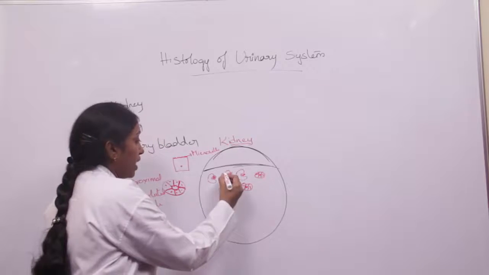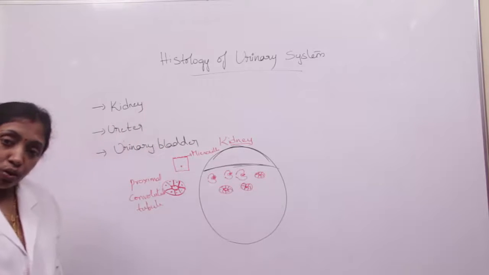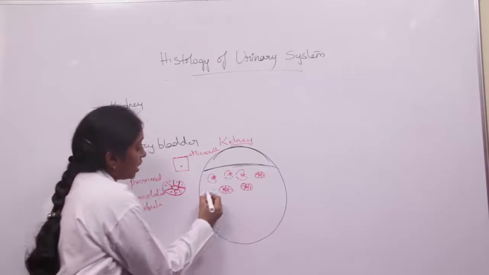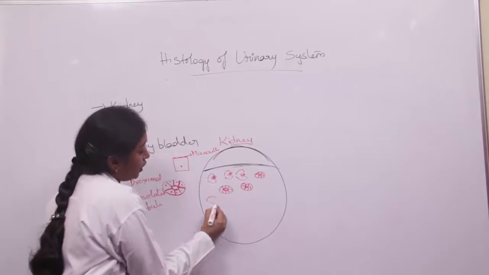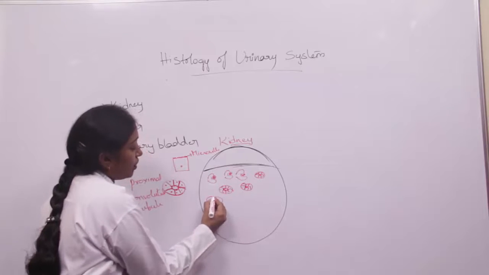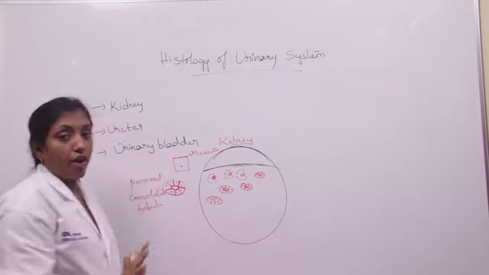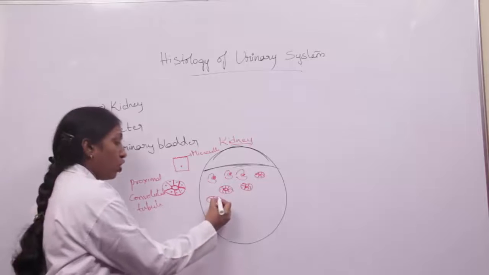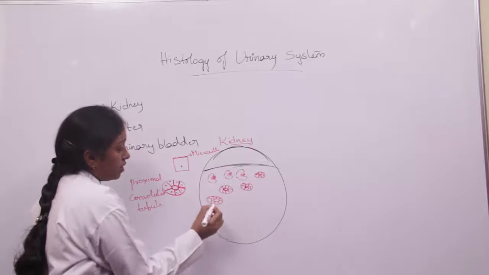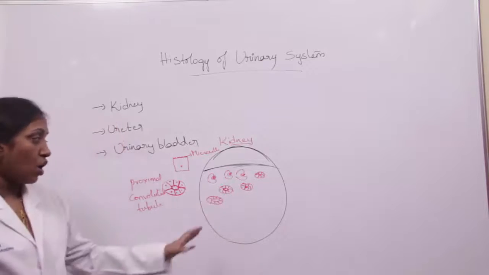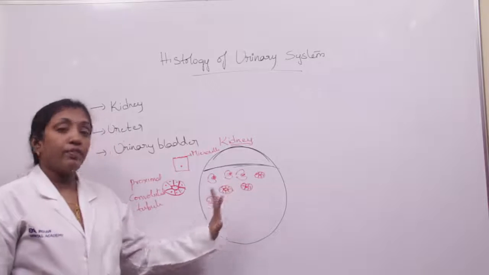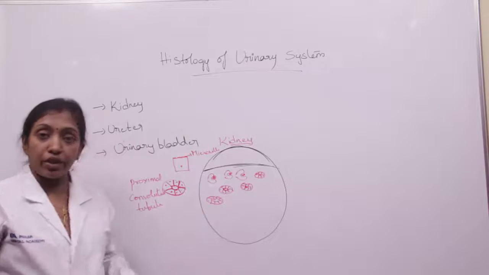Okay, along with the renal corpuscle, coming to the distal convoluted tubule, the distal convoluted tubule has a large lumen when compared to the proximal convoluted tubule, and the cells are not striated here. They are lined by columnar or cuboidal cells. How can we distinguish the proximal convoluted tubule cells from the distal convoluted tubule cells?